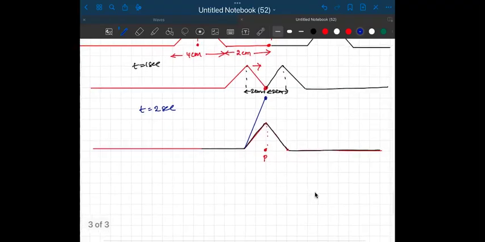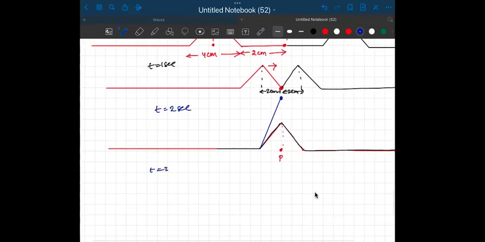Then again, what happens at t is equal to 3 seconds? At t is equal to 3 seconds, what will happen is like this.